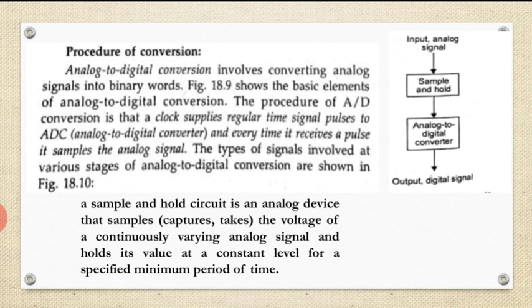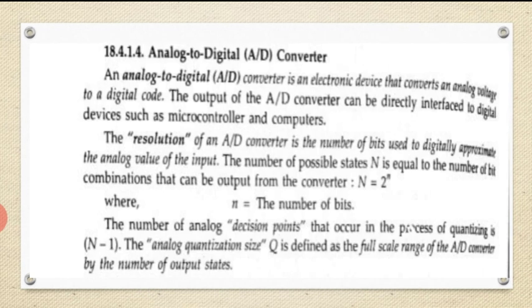Resolution I have already discussed earlier. Resolution of a converter is the number of bits used to digitally approximate the analog value of the input. I repeat, for an analog to digital converter, it is the number of bits used to digitally approximate the analog value of the input.